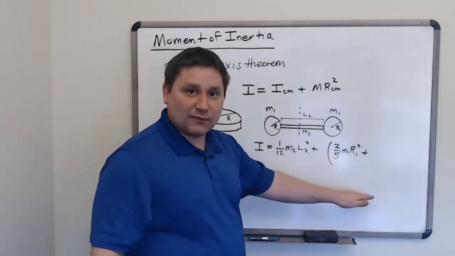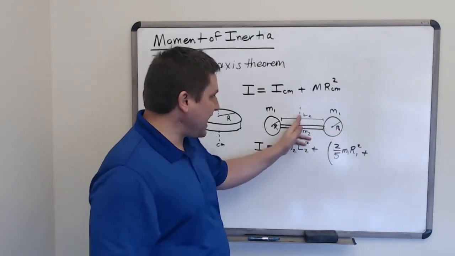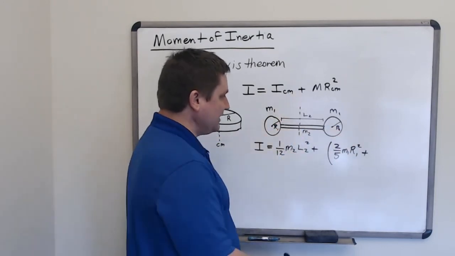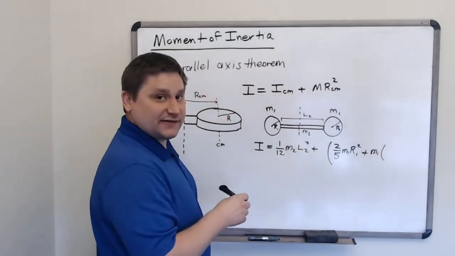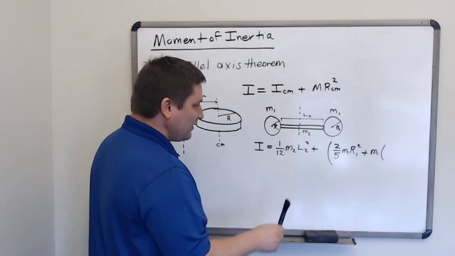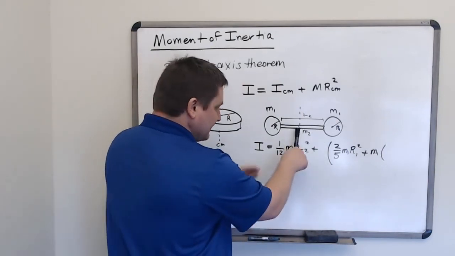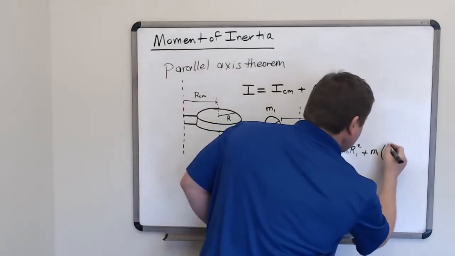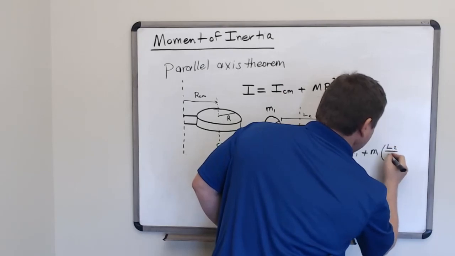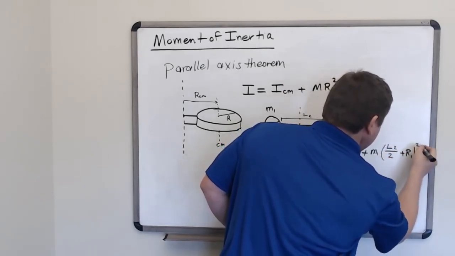To get the total moment of inertia that the sphere contributes when it's rotated around this axis, we still have to add on the mass of the sphere times its distance from the center. Now be careful, the distance to the center is not L2. It is half of L2 plus the radius of the sphere. So we have L2 over 2 plus r1 squared.